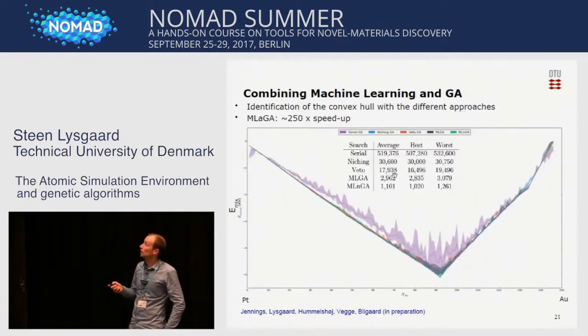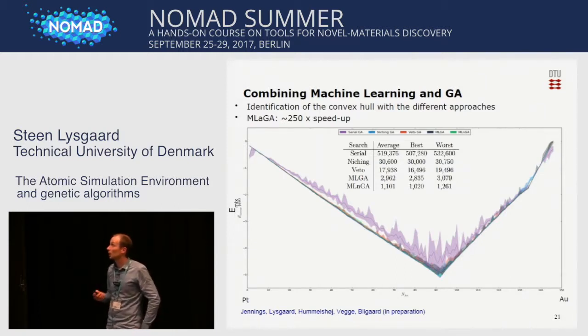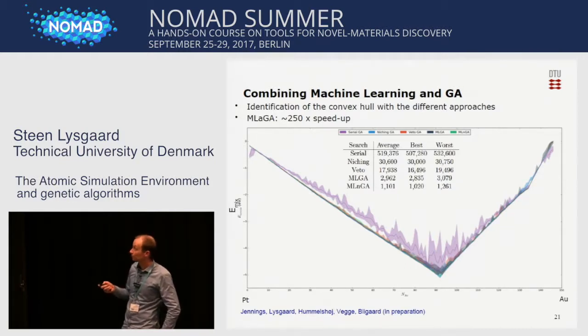So we can just see here some summary numbers of that. So here we plotted the convex hull for the 5 different types of genetic algorithms we ran. And we're able to go from approximately 500,000 energy evaluations needed to not much more than 1,000.